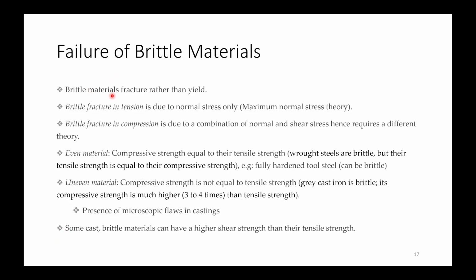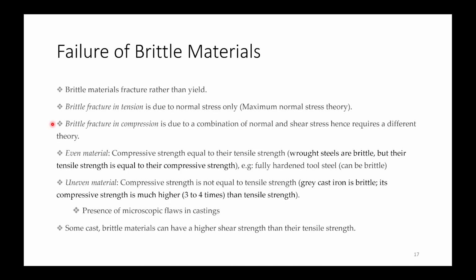In case of brittle materials, they fracture rather than yield, so they don't show any permanent deformation before fracture, and brittle fracture in tension is due to normal stress only, which is also shown in the maximum normal stress theory. Now brittle fracture in compression is due to a combination of normal and shear stress, hence requires a different theory.